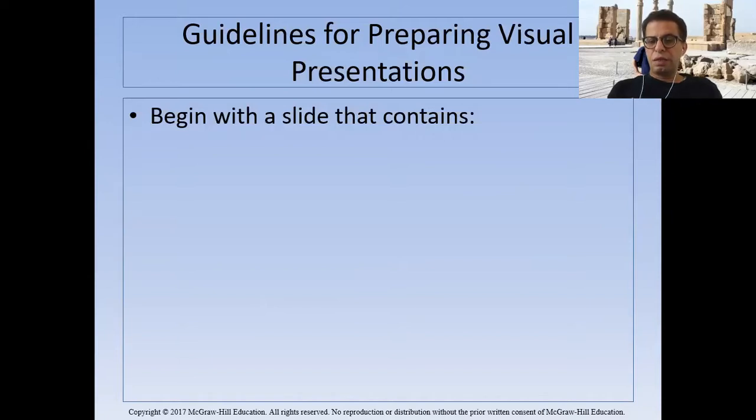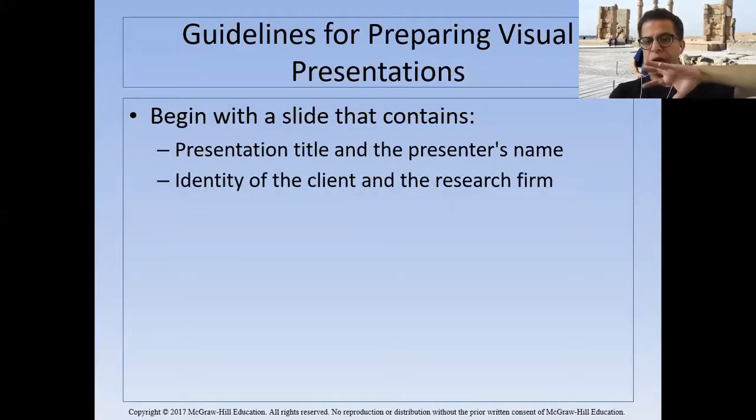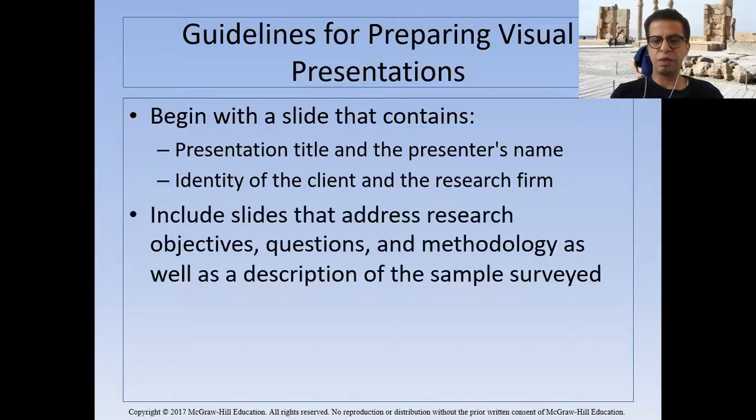begin with a slide that contains the presentation title and presenter names. So as a group, you need to put a slide with the title and who your team is. Identify the client and the research firm, if there is a client, and if there is a research firm. But if there is a client, you just put the client.